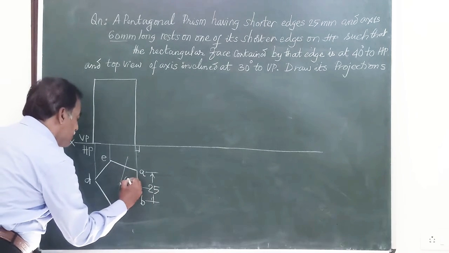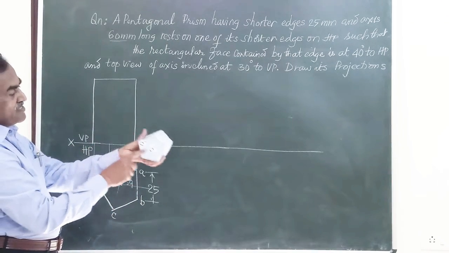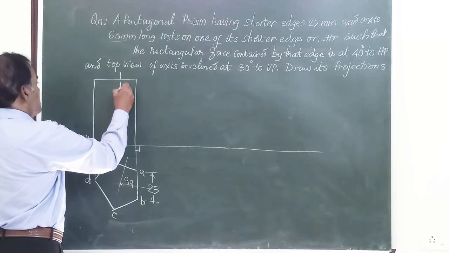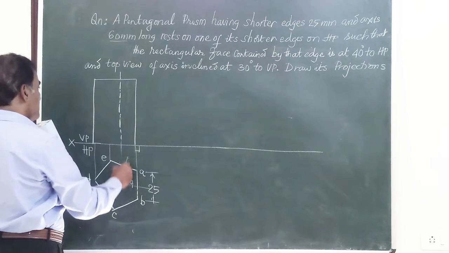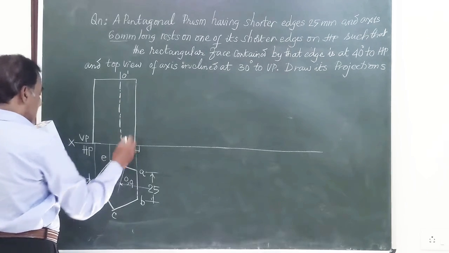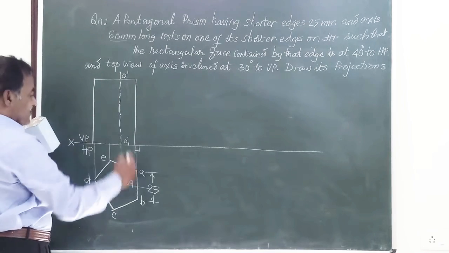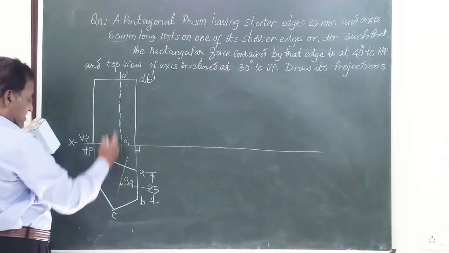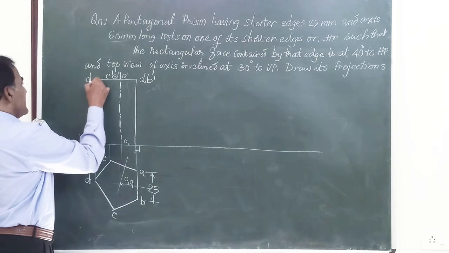This is O comma O1. O is the center of the top face and O1 is the center of the bottom face. And I just mark the axis from here and name it as O dash O1 dash. So this is O dash at the top, O1 dash at the bottom, and as usual, let us number the top face: A dash B dash is this corner, this is C dash E dash, and the last one is D dash.